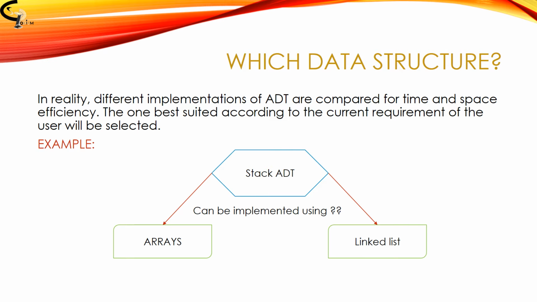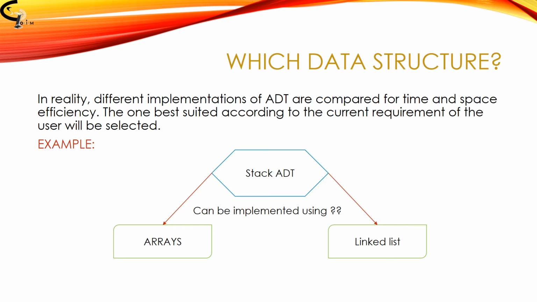In reality, different implementations of ADT are compared for time and space efficiency. For example, if we talk about stack ADT, it can be implemented using arrays as well as linked list. One of the data structures maybe saves space and another maybe saves time, but both will be compared for time and space efficiency, and the one best suited for the current requirement of the user will be selected.